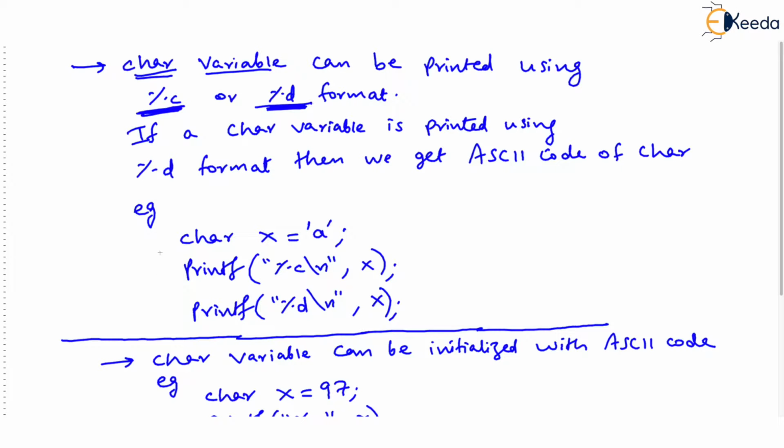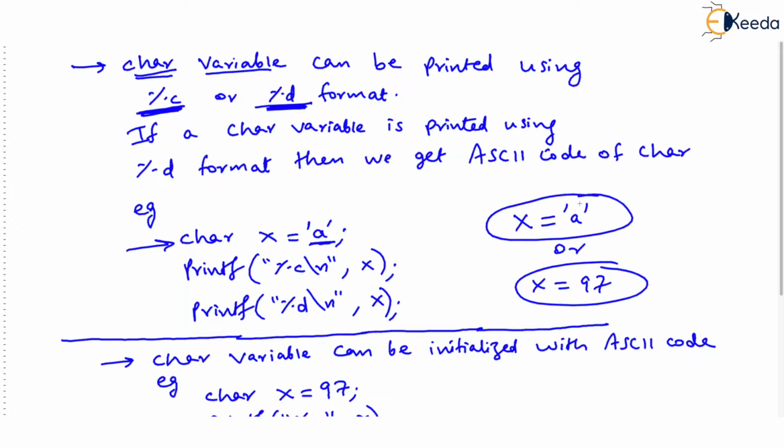Let's check this code. I have character X equal to 'a'. Check the initialization. Now, you may say that X is storing 'a', or you may say that X is storing 97. Both are equivalent because small a actually is recognized by the ASCII code. Now, what will be the output of this printf, which I am marking?